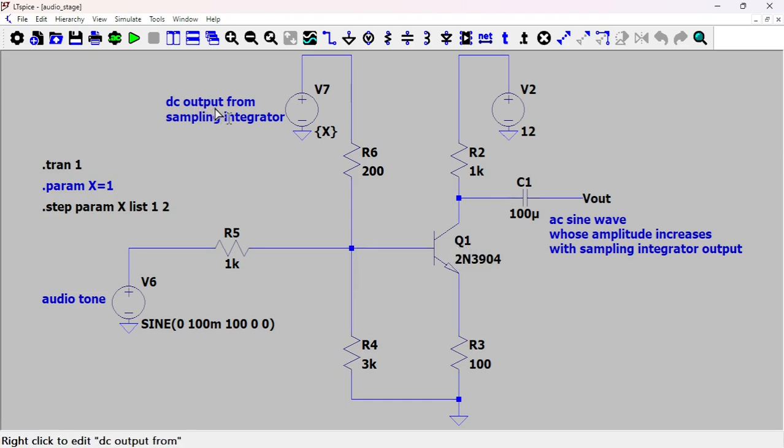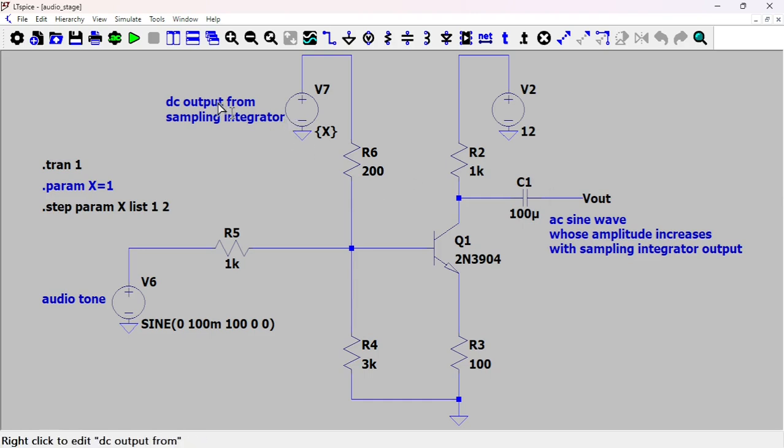Now, let's say that the DC output is 1 volt. In that case, the base voltage might be, I don't know, 0.7, 0.8. So it's going to turn on the transistor, and you would get the signal coming out here. That would produce a sound at a certain loudness level.